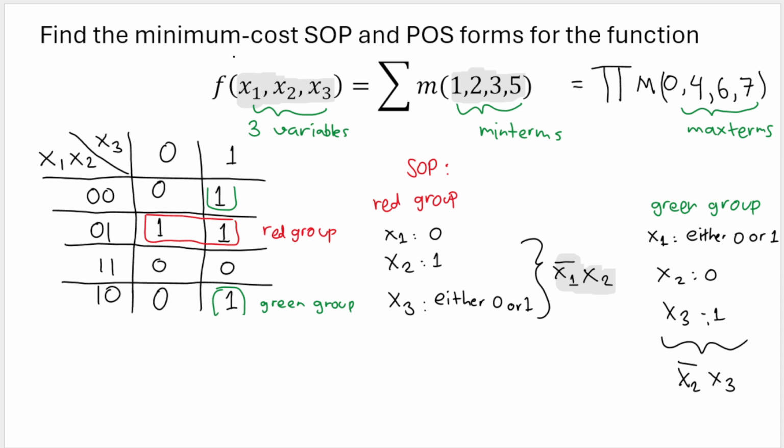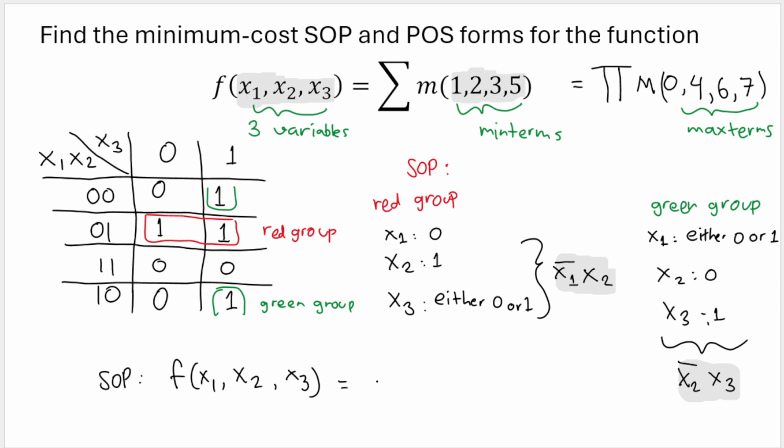And what is f? On the SOP form, f of x1, x2, and x3 will be the sum of the red group term and the green group term.